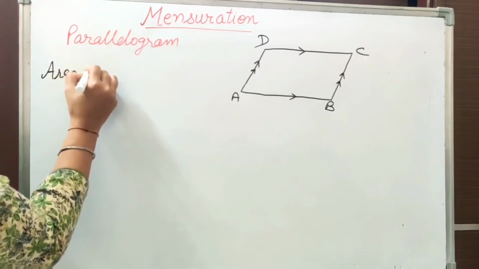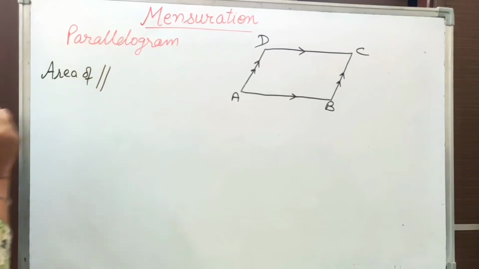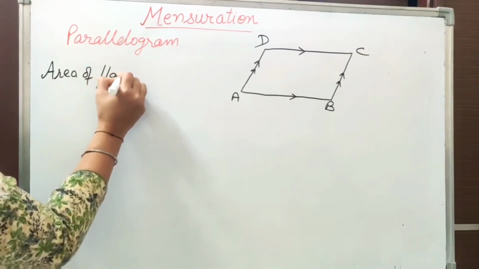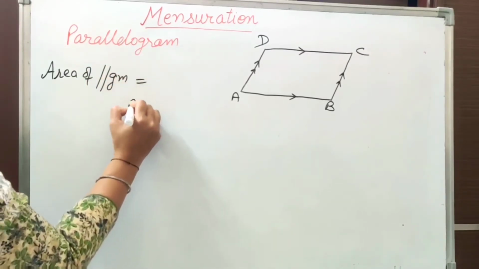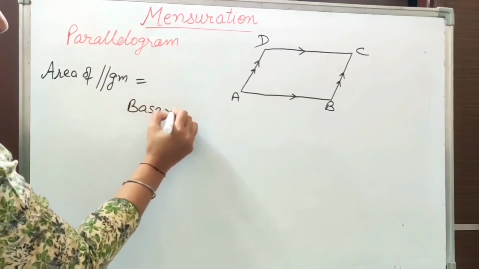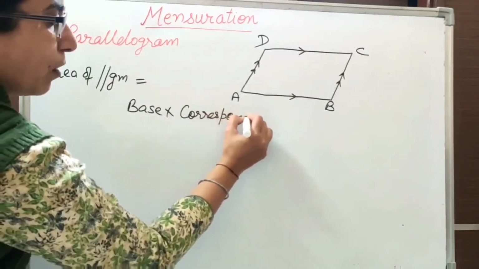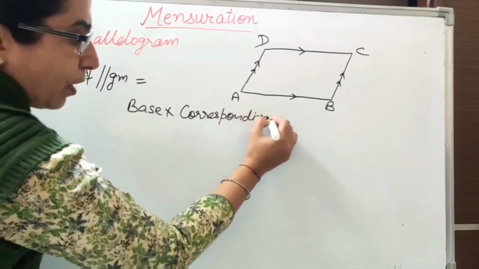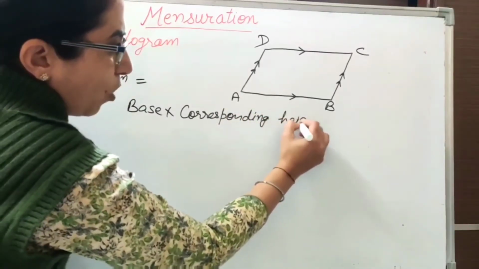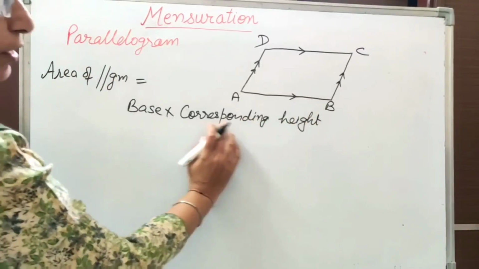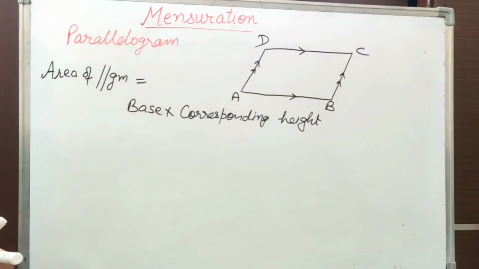area of parallelogram is equal to base multiply corresponding height. We have already used this concept in area of triangle also.